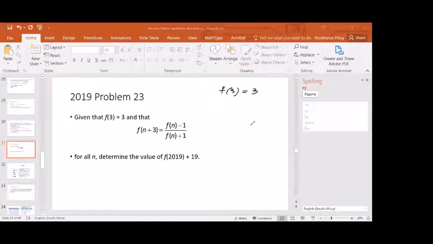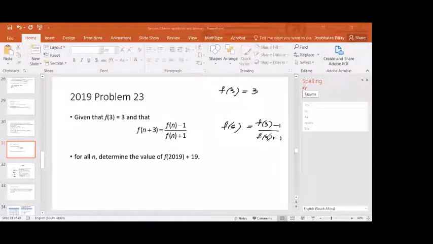So why don't we put f of 3 minus 1 over f of 3 plus 1. Put n equals 3 here because I know f of 3. But then the left-hand side becomes, with n equals 3, f of 6.